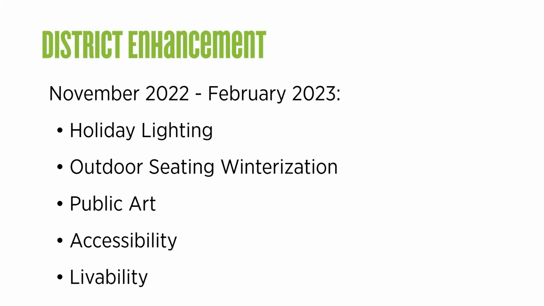So districts used these funds as a way to create mini grants to businesses that were interested in winterizing their outdoor seating through heaters and equipment and creating tents and whatever might be needed for that sort of thing.